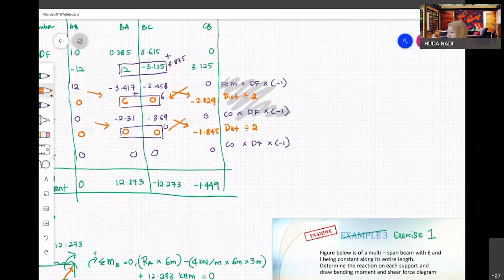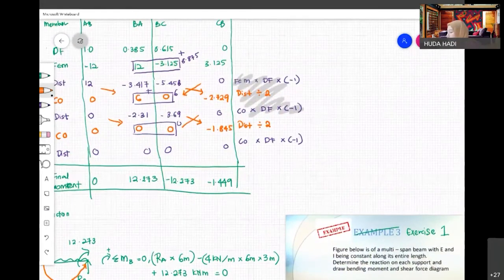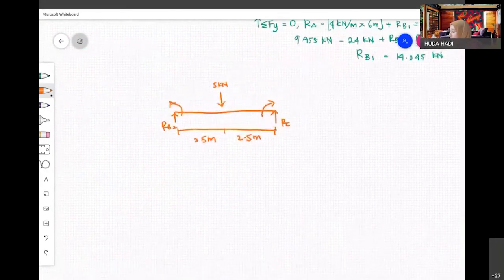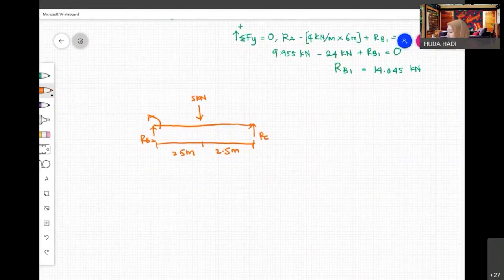So bila moment kat sini negatif, you kena ikut apa yang dia dapat lah. Kalau negatif, so maksudnya this is negative 1.449. So it's not exactly, but kan kita assume dia clockwise, tapi you dapat dia counter clockwise. Negative 1.449. So dia buka arah macam ni. Dia the other way around.